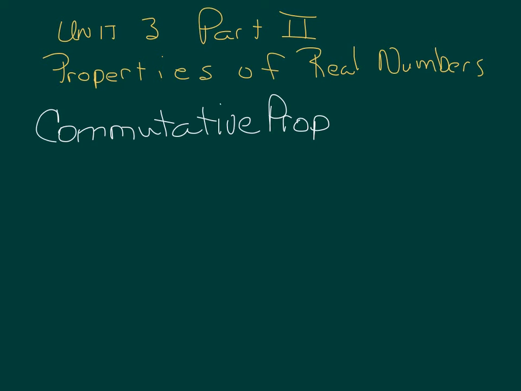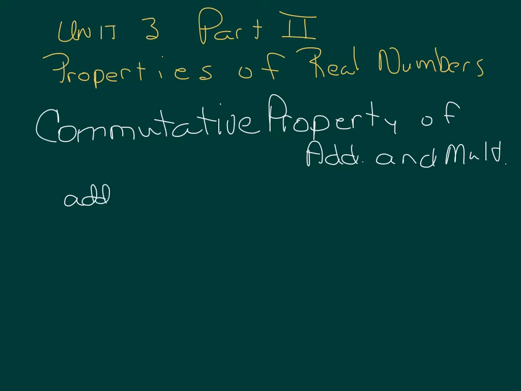The commutative property of addition and multiplication is the first one we want to talk about. And I'll just abbreviate addition and multiplication. Okay, commutative property. For addition, the commutative property would be A plus B equals B plus A. They just change places.